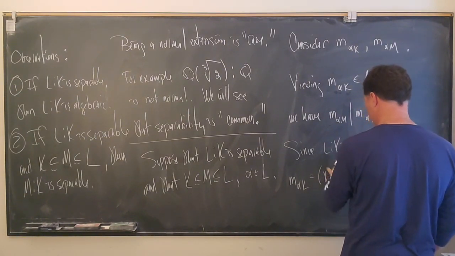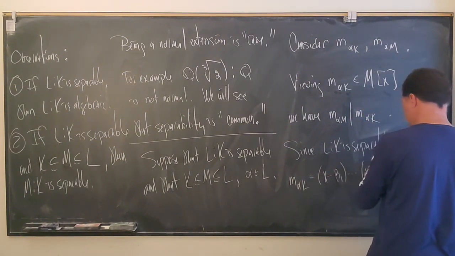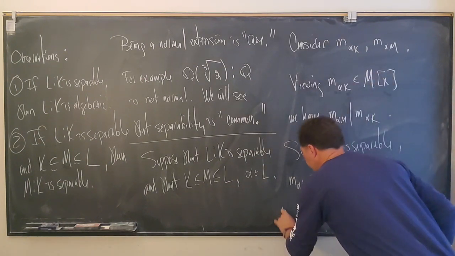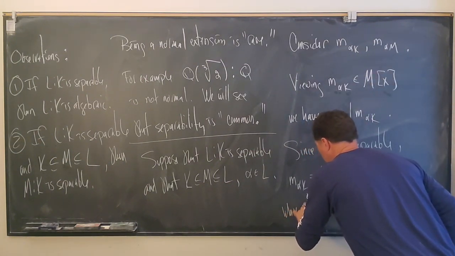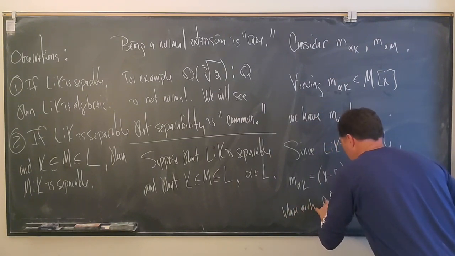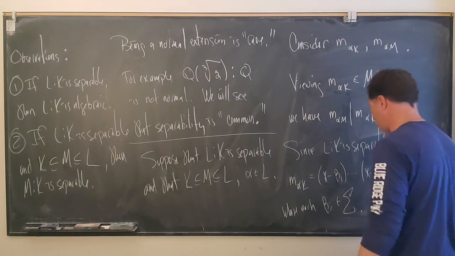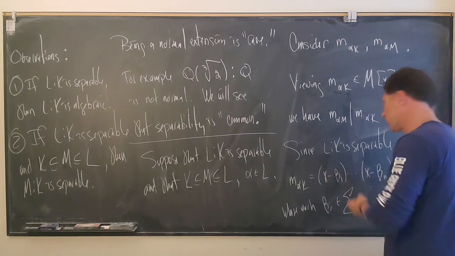How about (x minus beta 1) up through (x minus beta n), where each beta i is in sigma, and I'm just going to use sigma. That's our standard symbol for the splitting field, so I don't want to have to write every time where sigma is the splitting field.